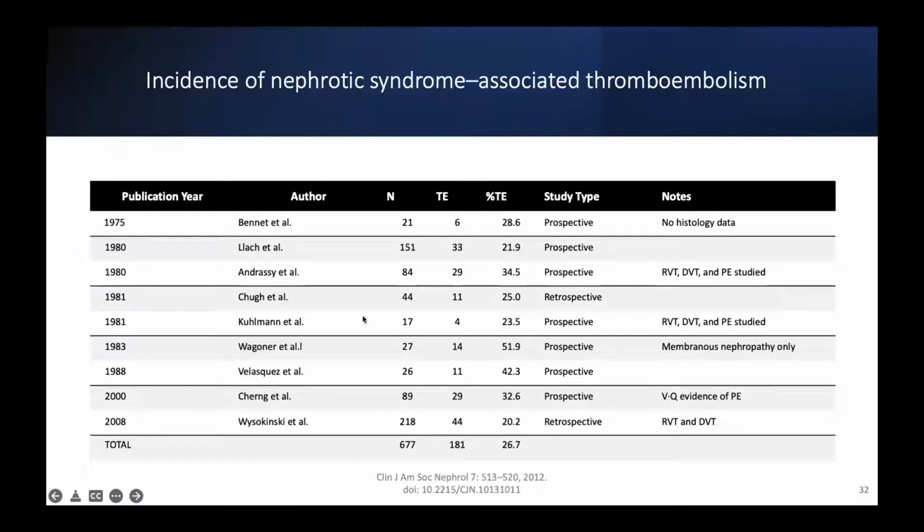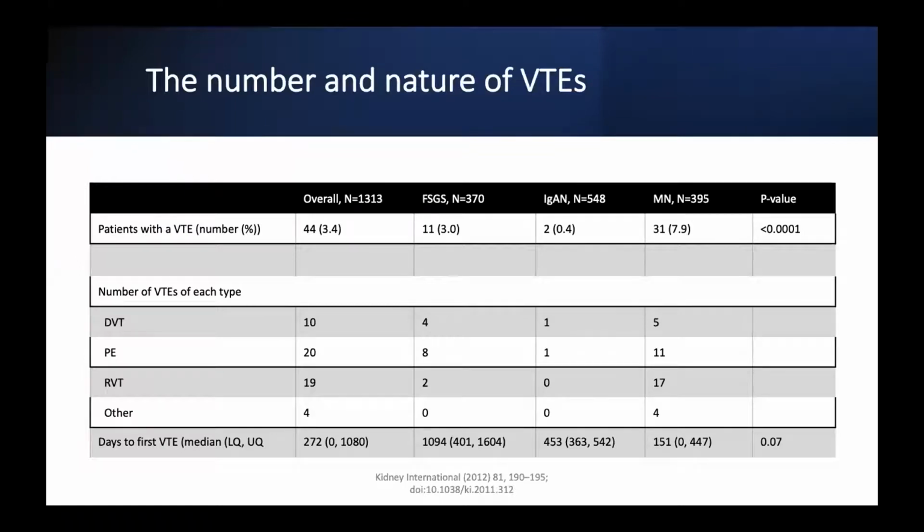But recent data has shown that this incidence has decreased, and this is a paper from 2012 which has shown that the cumulative incidence is only 3.4%, and in membranous nephropathy it is 7.9%.